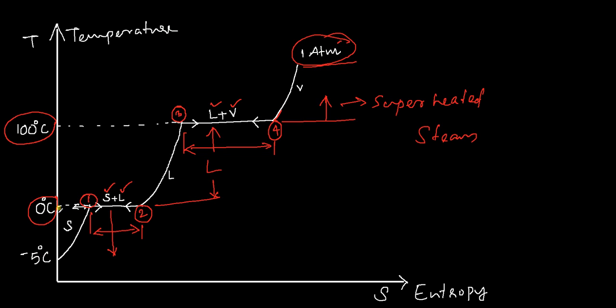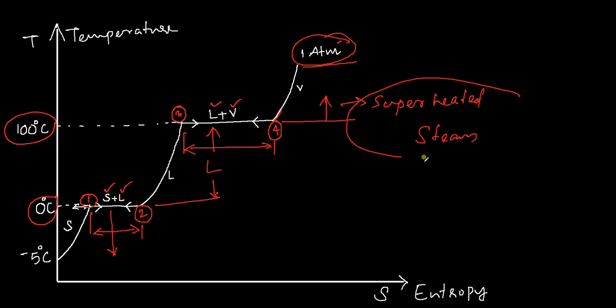Solid to liquid at 0 degrees C during the phase change process, and a completely liquid phase from 0 to 100 degrees C at 1 atmosphere, and the liquid vapor region at 100 degrees C during the phase change process, and above 100 degrees C you have superheated steam.